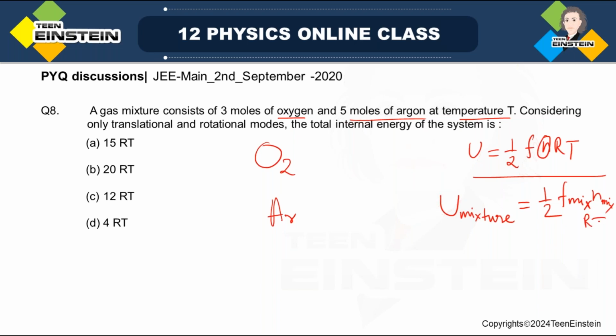And then RT. So in this case, you have to find out the degrees of freedom of the mixture. You know how to find the degrees of freedom of a mixture gas?